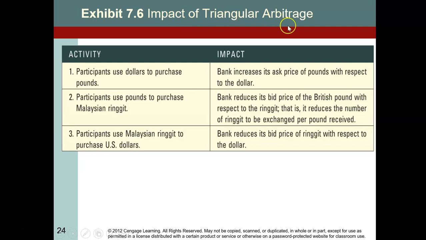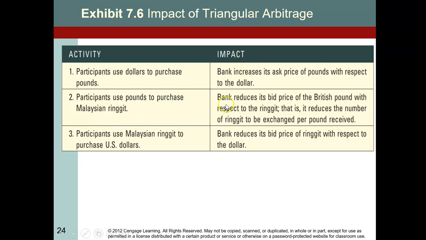Impact of triangular arbitrage. Activity 1: participants use dollars to purchase pounds. Impact 1: the bank increases its ask price for pounds with respect to the dollar. Activity 2: participants use pounds to purchase Malaysian ringgit.